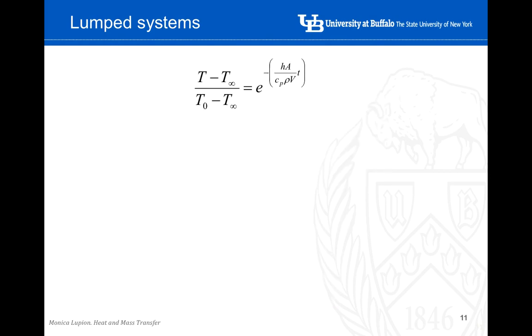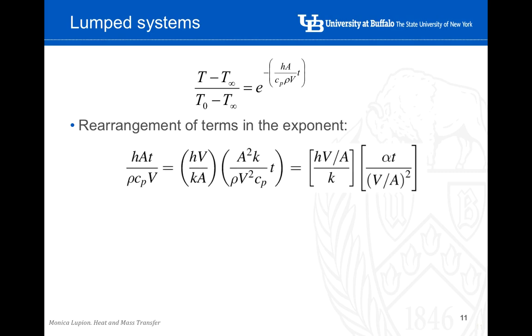If we play around with this equation of the temperature, and in particular, if we rearrange the terms in the exponent, as is indicated here, so basically what we do is to have two different factors here.